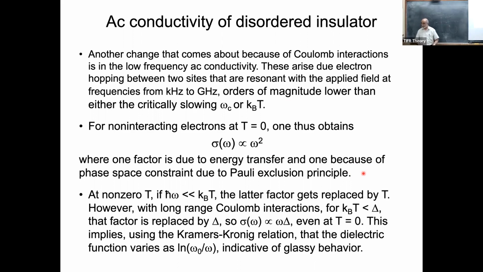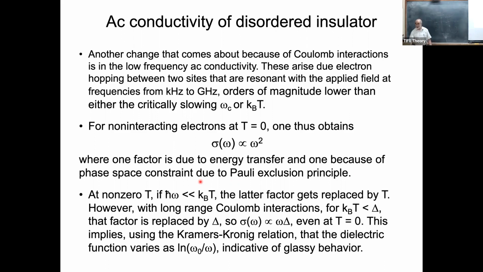But it turns out that if you're looking at the conductivity at finite temperature rather than zero temperature, and basically for frequency much smaller than kBT, that is, h bar omega much smaller than kBT, and you're looking at 60 hertz, or 50 megahertz, or even gigahertz, usually the energy scale is smaller than the temperature.